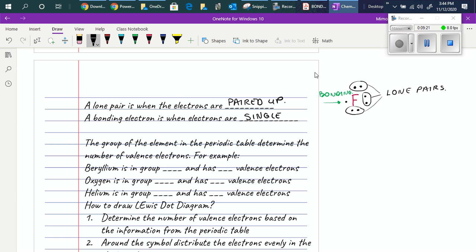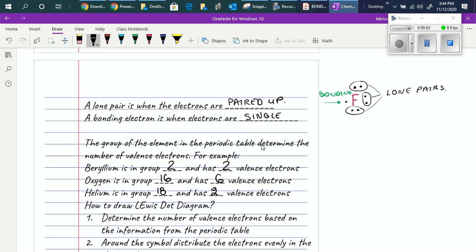So now, the group of the element in the periodic table determines the number of valence electrons. For example, beryllium, which is in group 2, has 2 valence electrons. Oxygen, which is in group 16, has 6 electrons. And helium, which is in group 18, has 2 valence electrons.